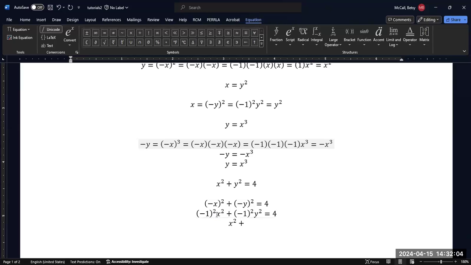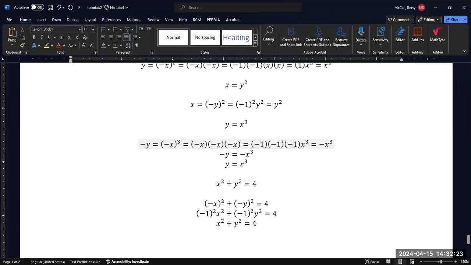And so you get them to cancel out and you get back to your original equation. And in this one, there are no extra minus signs that we're canceling at the end. It's the x canceling and the y canceling separately, and then we're getting back to the same equation. So in both of these cases, we have origin symmetry.